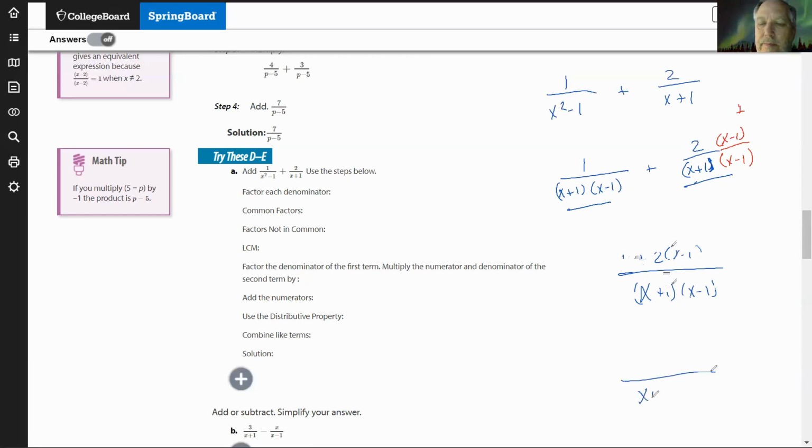It's going to be x plus 1, x minus 1 on the bottom, and that's going to be 1 plus 2x minus 2, because 2 times x is 2x, and 2 times negative 1 is negative 2. And then we're going to write it out as 2x, and 1 combined with the negative 2 is negative 1, over x plus 1, x minus 1. Okay, and that's how we would leave the answer.